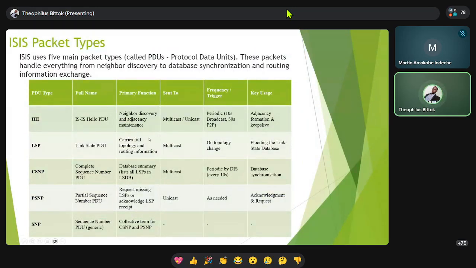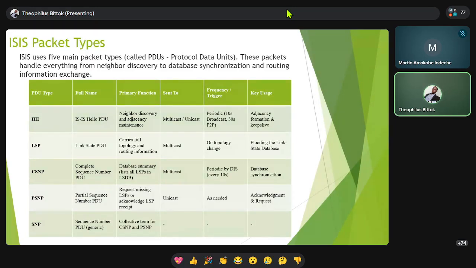Another TLV on the hello packet is the protocol. Remember, I said ISIS is dual stack. You can configure an IPv4 address on that port, and you can configure an IPv6 address on that port as well. You could be carrying two addresses on that port, and ISIS being dual stack is going to advertise both.